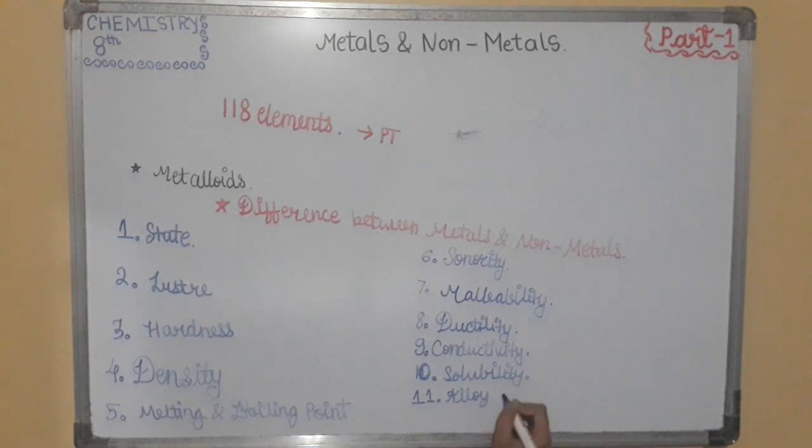Alloy means a mixture made by combining two or more metals. Metals form alloys, example brass, bronze, etc. Non-metals generally do not form alloys, but carbon, phosphorus and sulfur, etc. can be present in some alloys.